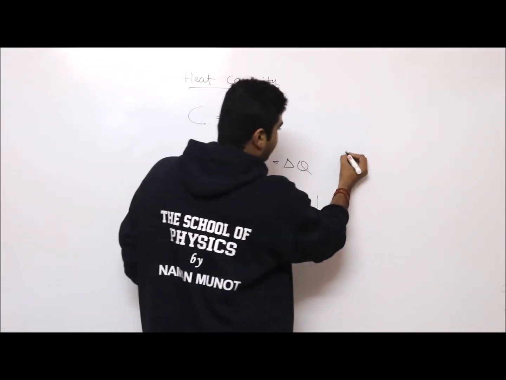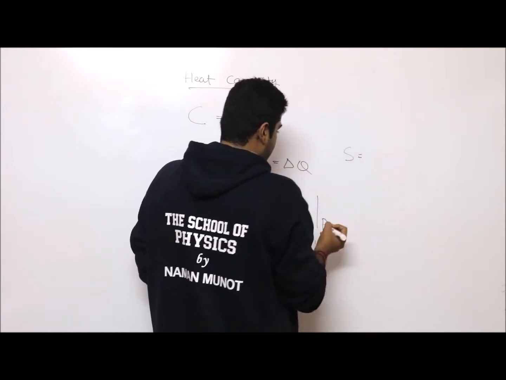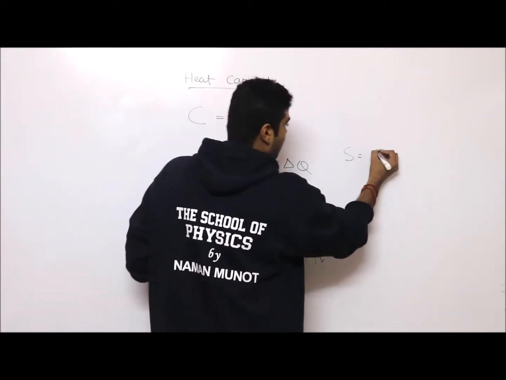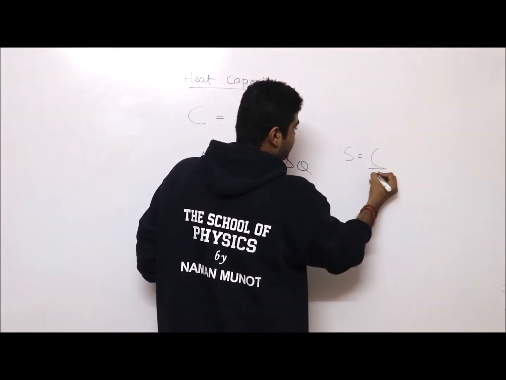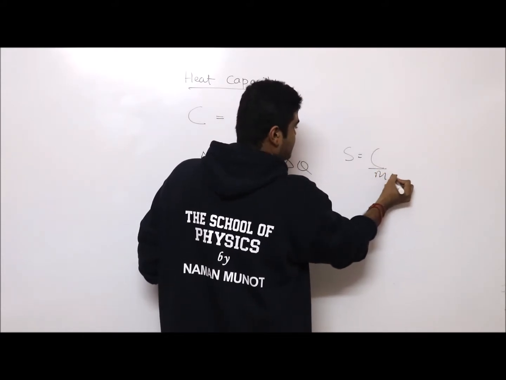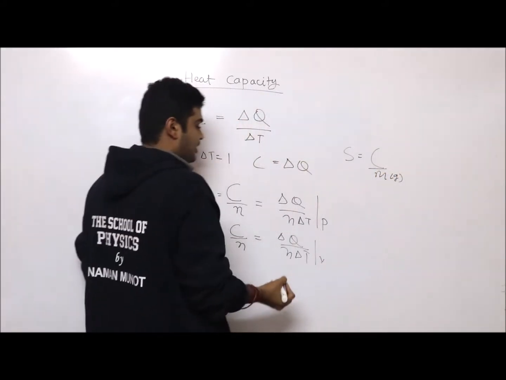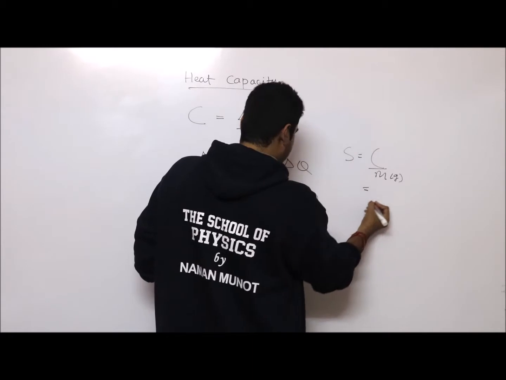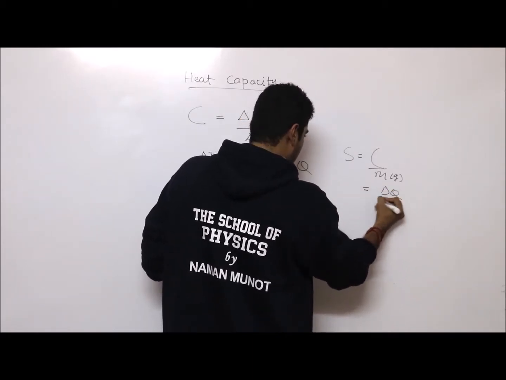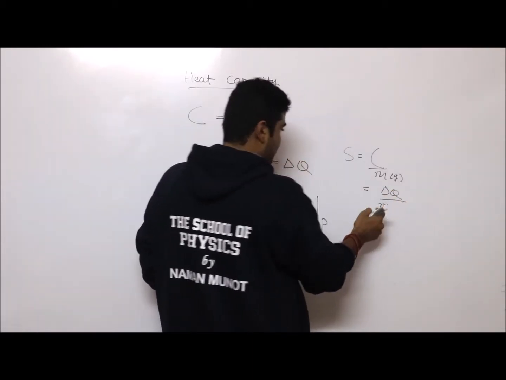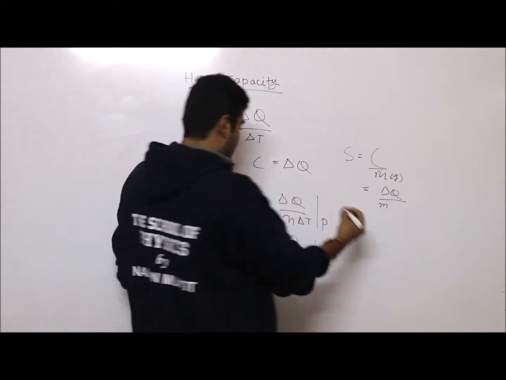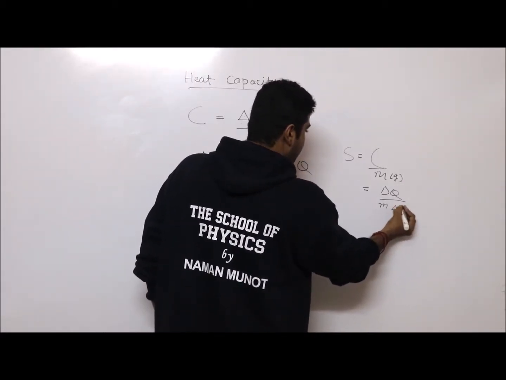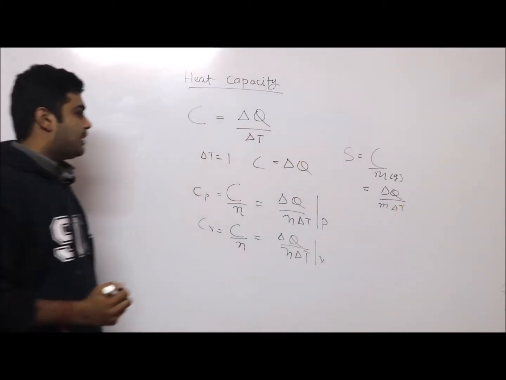So specific heat capacity, we write it as S is equal to the heat capacity upon the mass in grams, or delta Q upon M delta T, where M is the mass in grams.